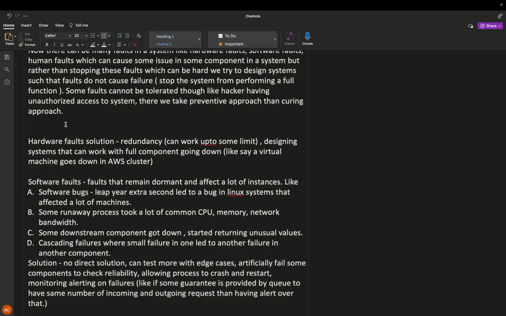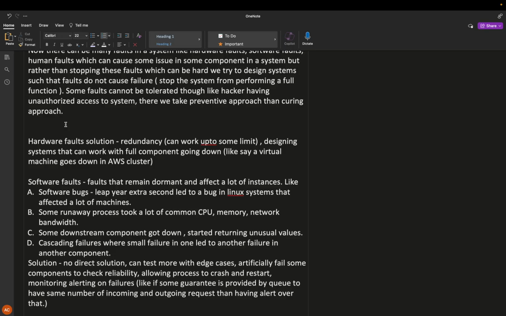We are usually talking about software bugs, like maybe there was a Unix bug some years back, where a leap second wasn't accounted for in the time system of Unix, which led to a bug in many Linux systems, right? And it had stopped systems the world over that were running on Linux.